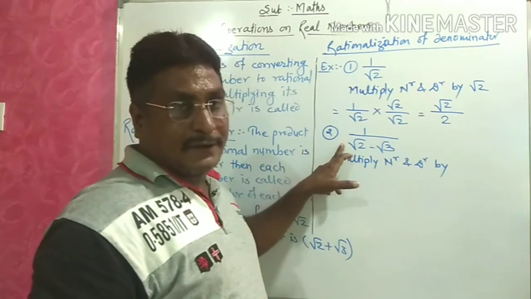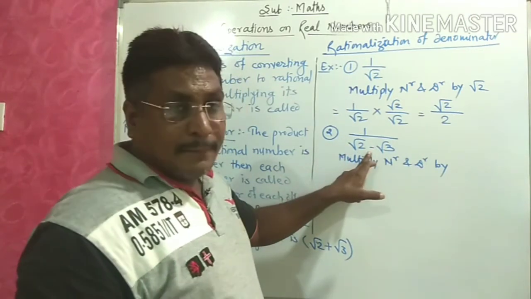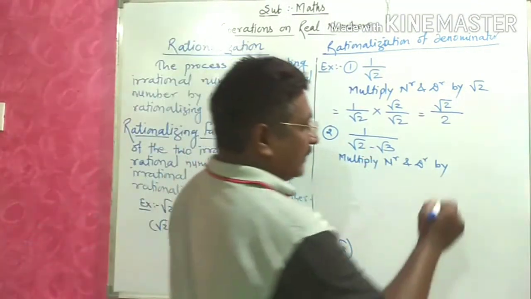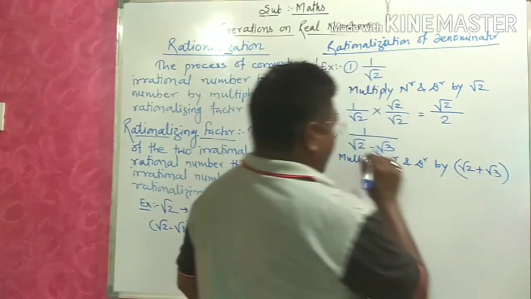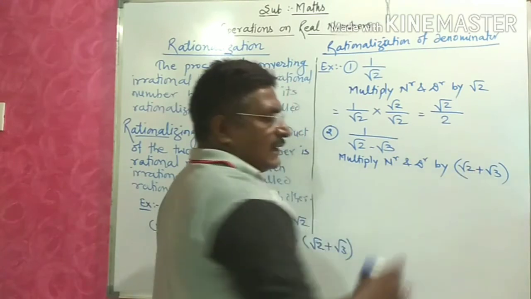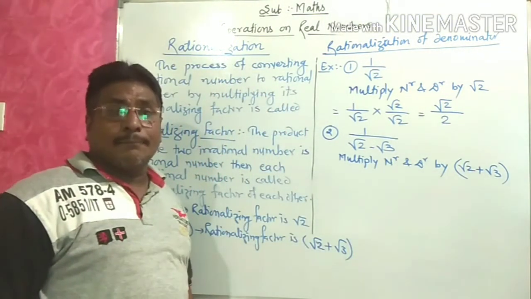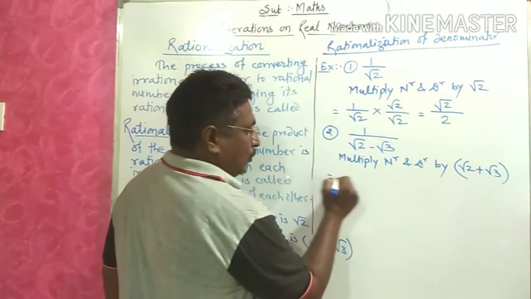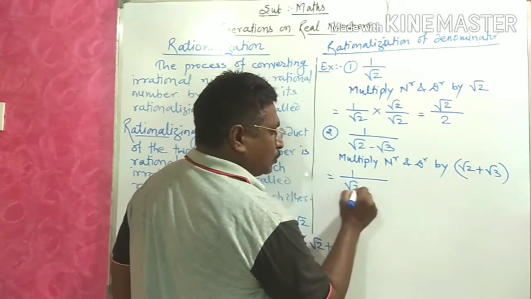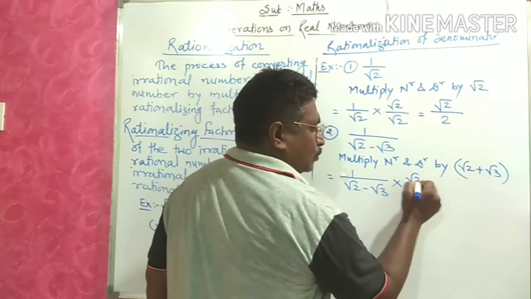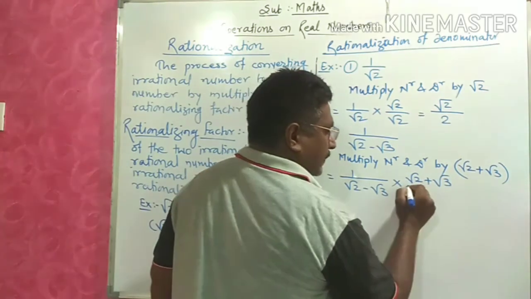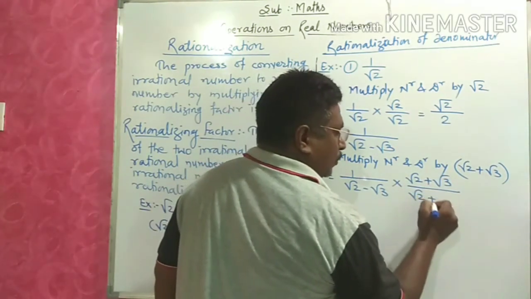What is the rationalizing factor of the denominator? Here negative is there, so we get root 2 plus root 3. Negative is there, so plus sign comes in the rationalizing factor. So 1 by root 2 minus root 3 into root 2 plus root 3 by root 2 plus root 3.